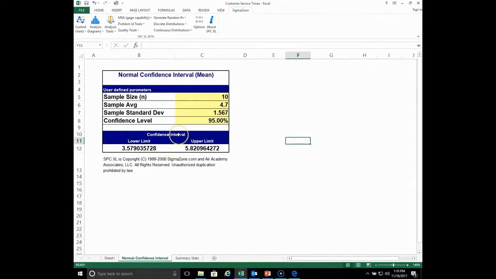Now the confidence interval does not tell you if the population mean is closer to the upper limit or the lower limit. It just tells you with a certain degree of confidence that the population mean exists somewhere between those two numbers. Let's take the second simulation result from Plinko probability. That was a 5.3, and the standard deviation was 1.337.